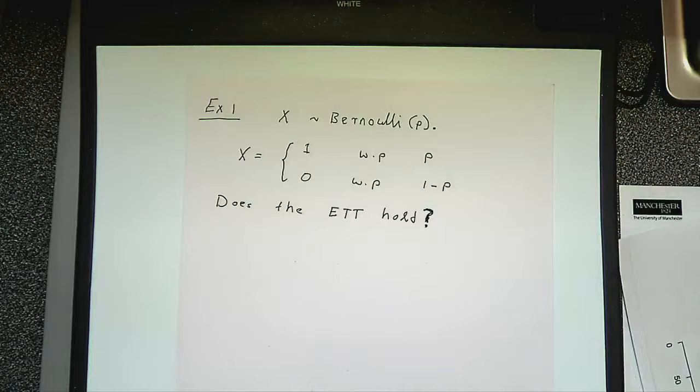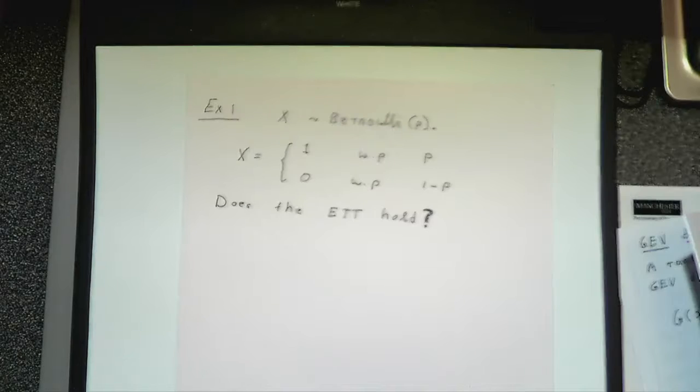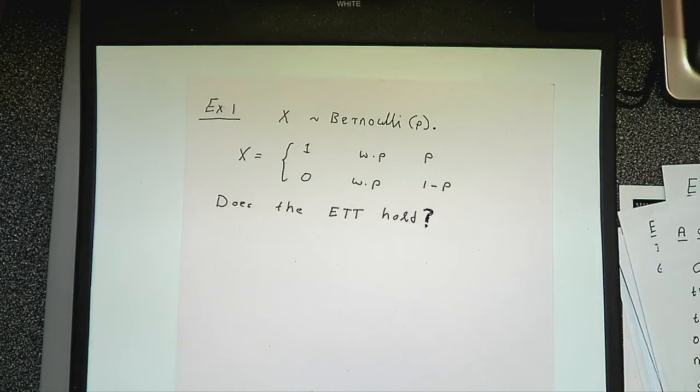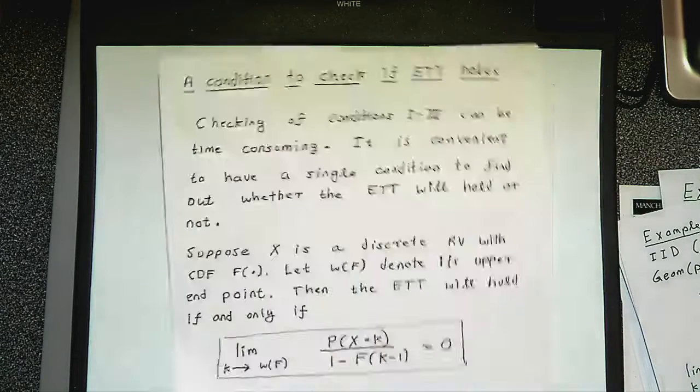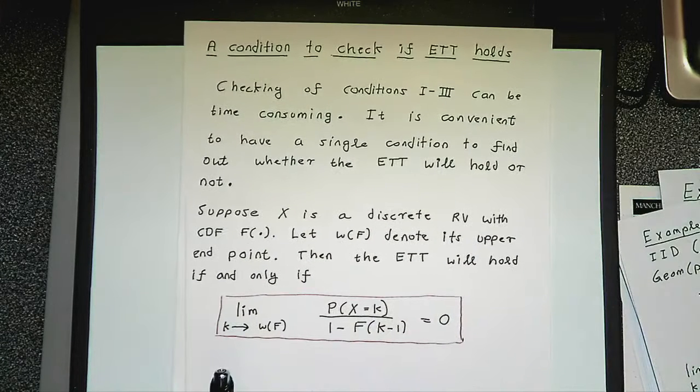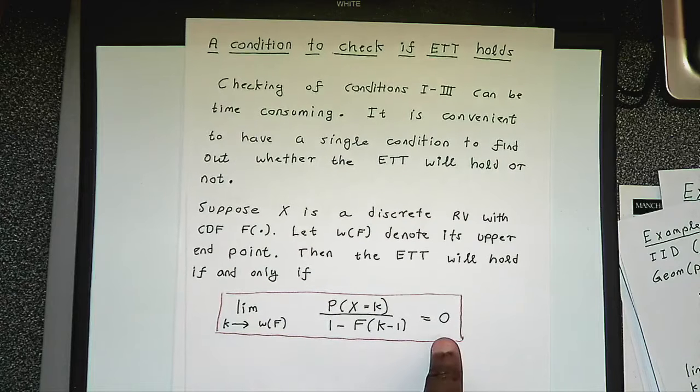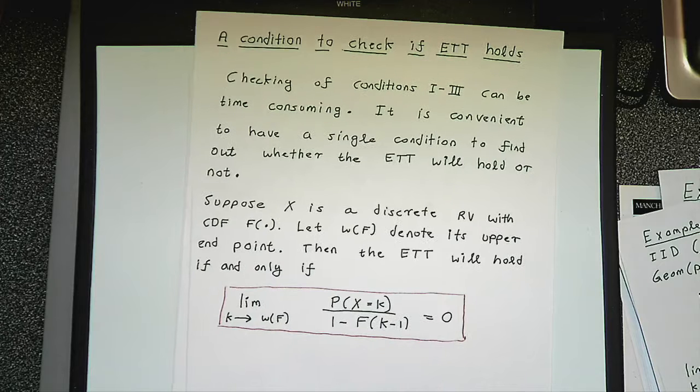In order to check whether the extremal types theorem holds or not, you need to check a condition, and this is the condition that you need to check, this one here. If the limit is 0, then the extremal types theorem will hold. And if it is not 0, then it will not hold, right? Okay.